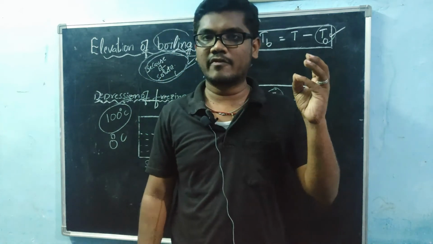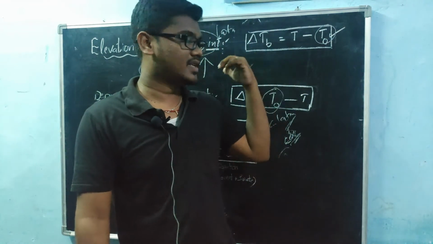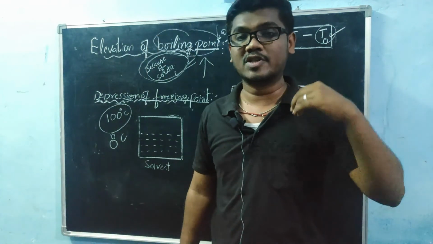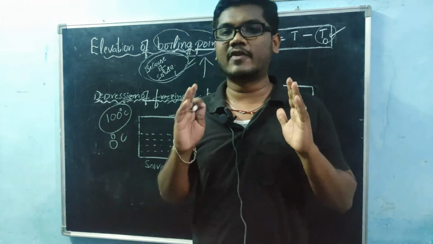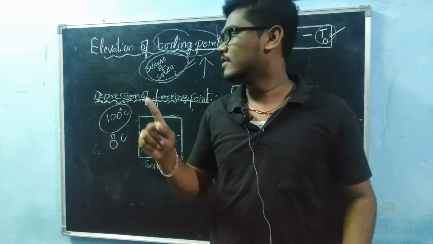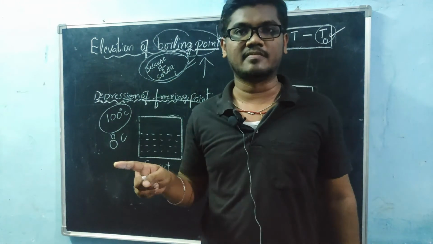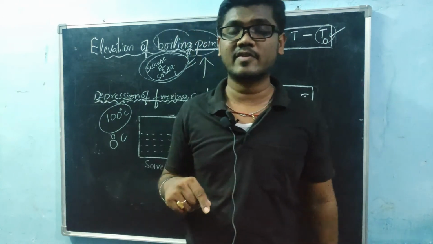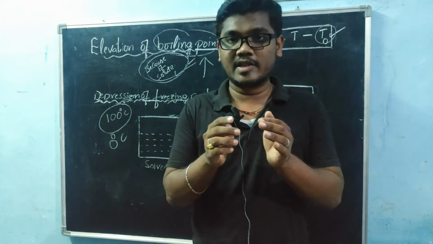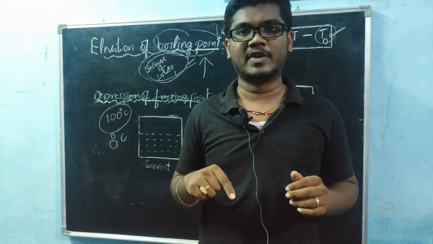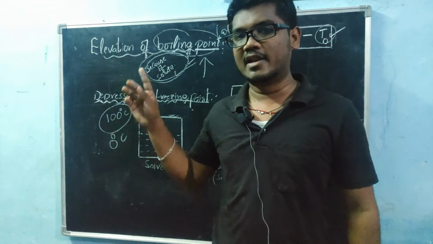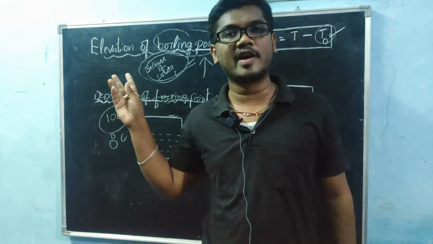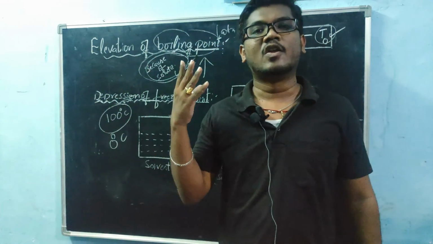Therefore, lowering of vapor pressure, osmotic pressure, elevation of the boiling point and depression of the freezing point are all confined to a single principle called the presence of the solute in the solution. That's why we call them colligative properties. Colligative is nothing but binding together to a single principle. Therefore, colligative properties are elevation of the boiling point, depression of the freezing point, osmotic pressure and lowering of vapor pressure.